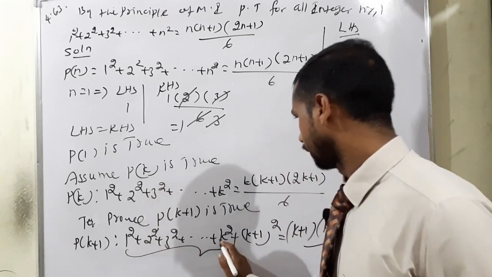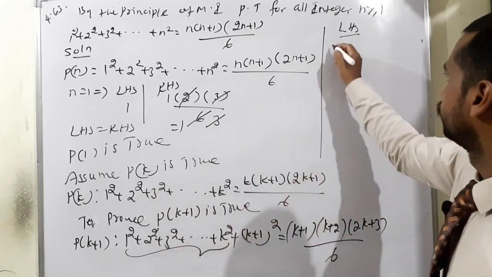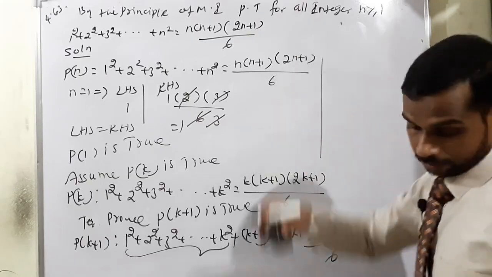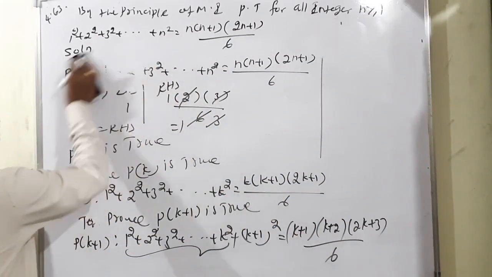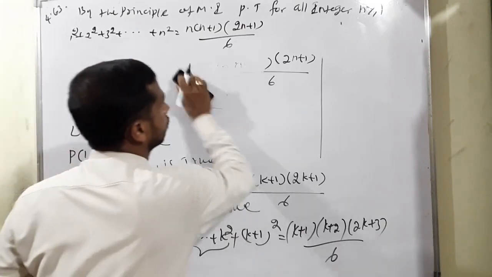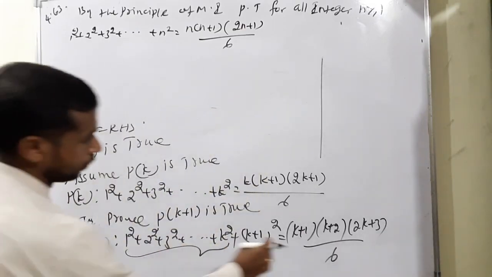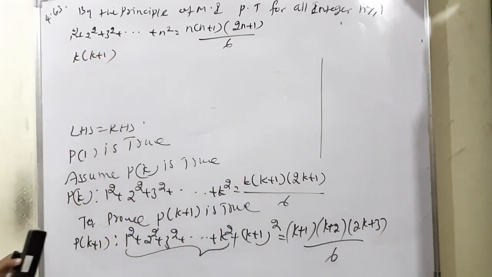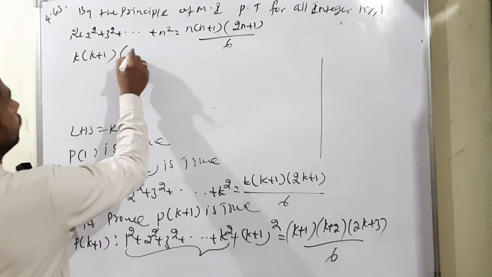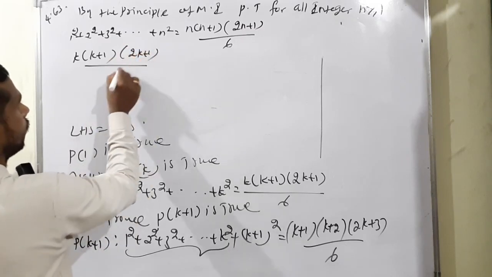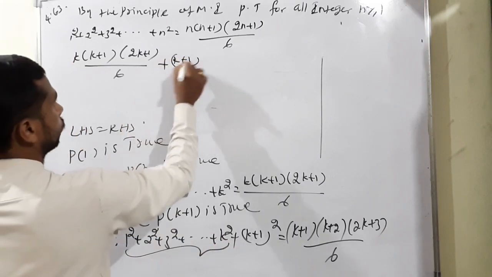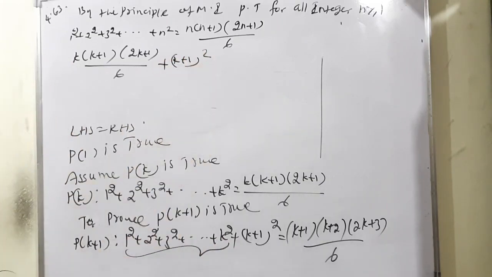Up to plus k square, we can write it as k into k plus 1, into 2k plus 1, the whole term divided by 6, then plus k plus 1 the whole square, isn't it? So now k plus 1 the whole square.